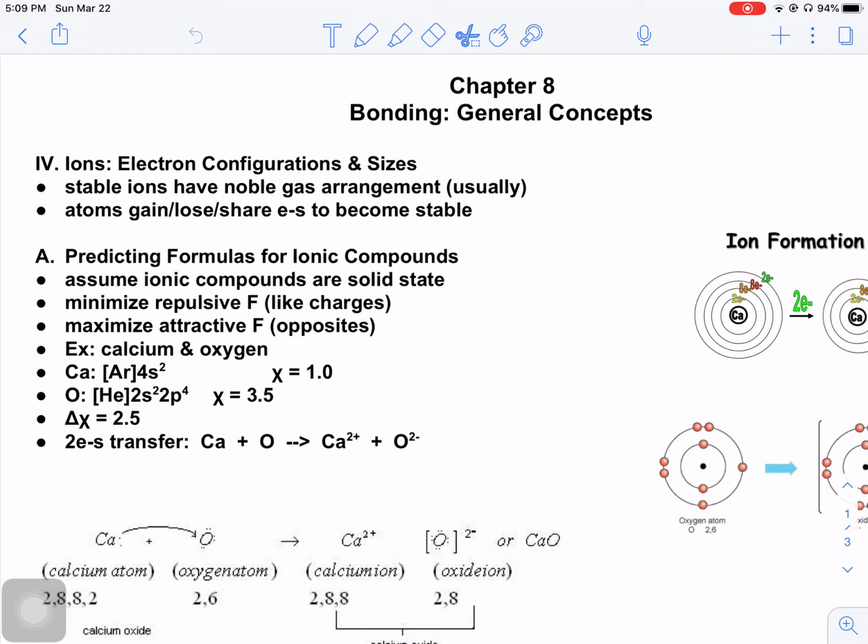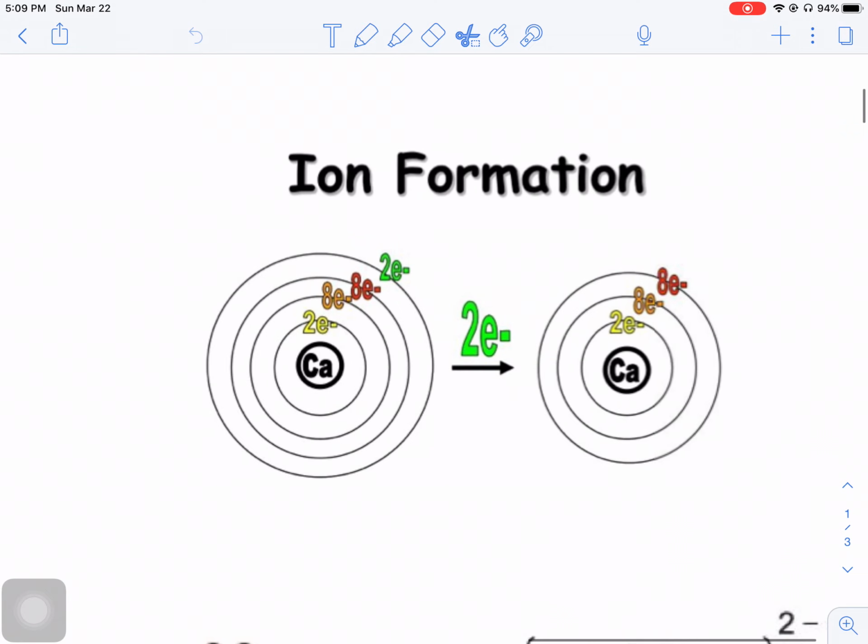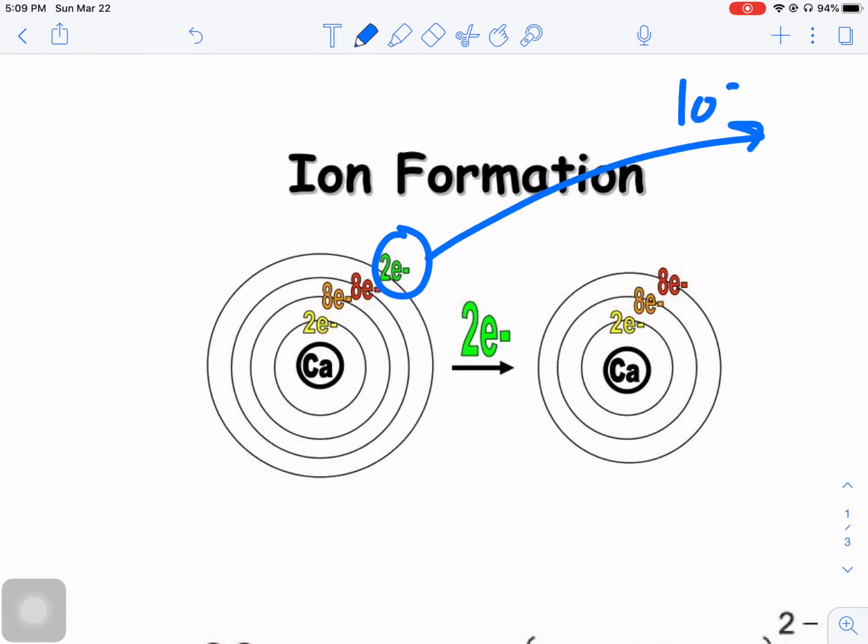So let's first of all just talk about a basic ionic bond. An element like calcium has 2 valence electrons. It's in group 2. And what calcium is going to do is lose those 2 electrons. And when it does, it now has a stable octet. Now, where are those electrons going to go?